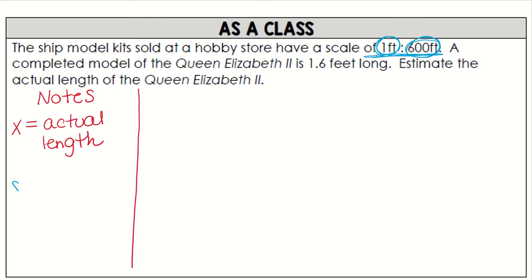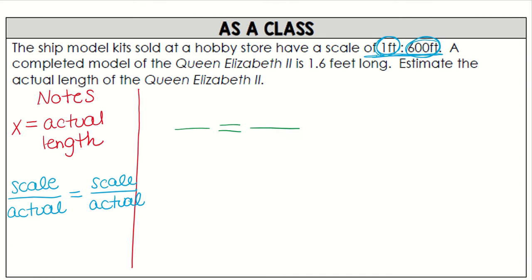So my proportion would be scale over actual equals scale over actual. And now let's plug in our lovely numbers. So into our fractions, I'm actually going to write what they give me, that 1 over 600. So I have 1 over 600. That's my scale over my actual.